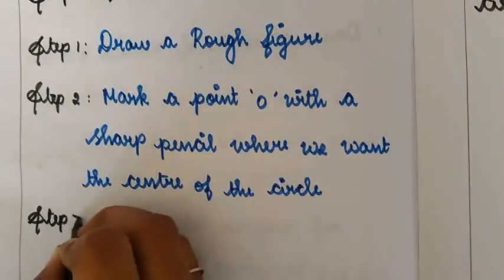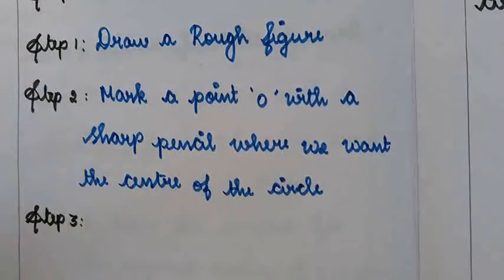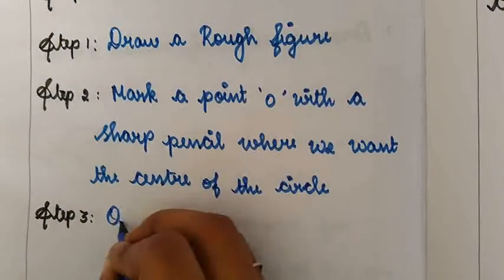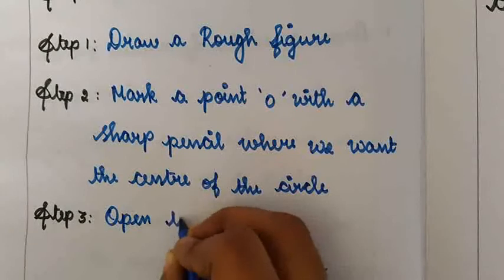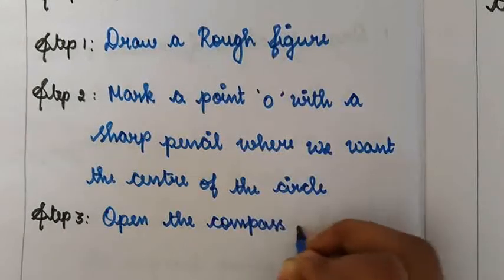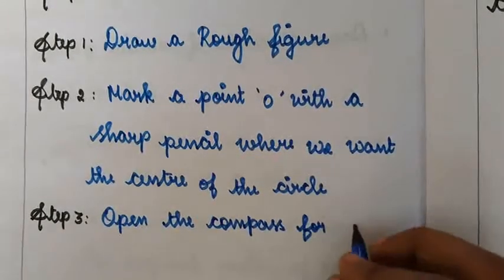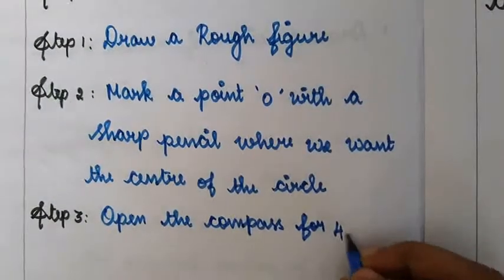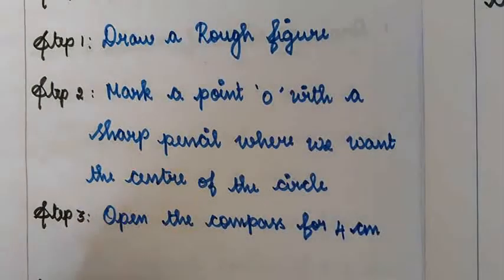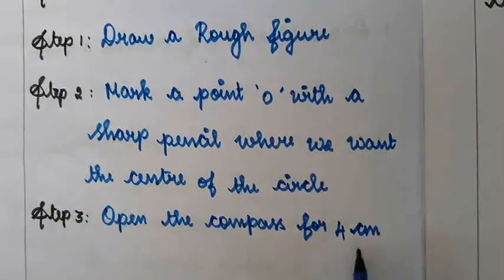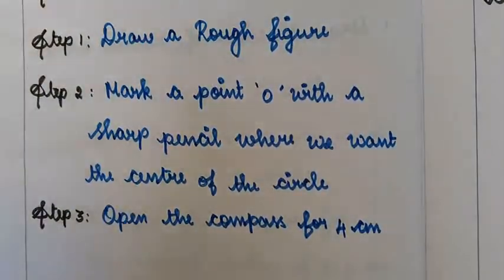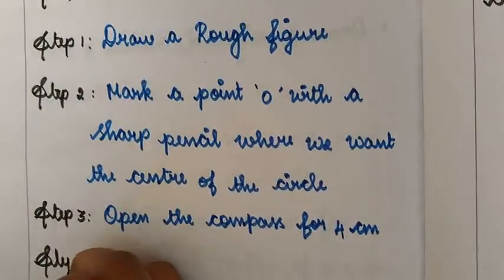Next, we have to write the next step. Step 3. What is the next step? Open the compass for required radius 4 centimeter. Or we can use 2.5 centimeter. Whatever we want, we can write.